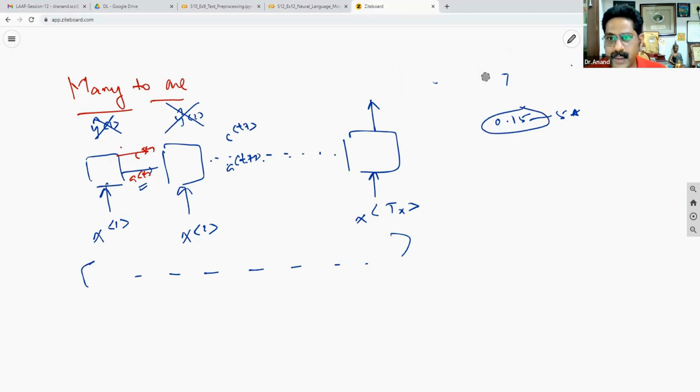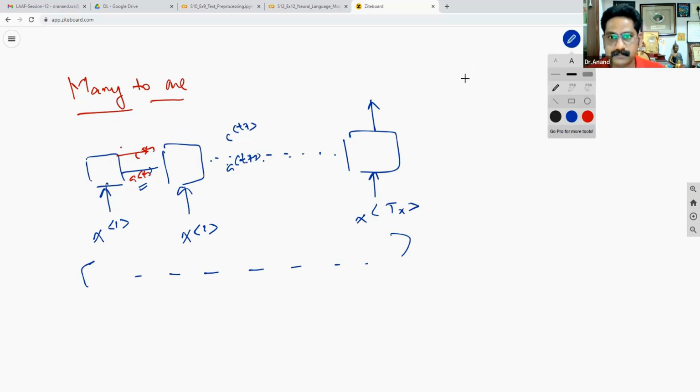Any other practical application you can think of? Any other practical example? Even the newsgroup data we have used, you can still operate with LSTM also, isn't it?